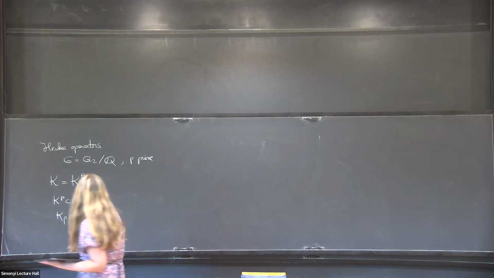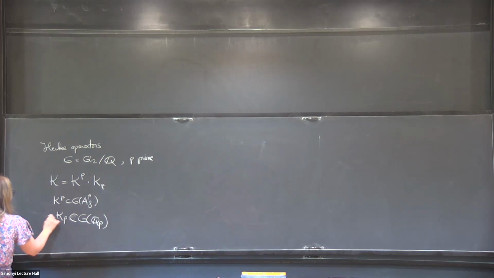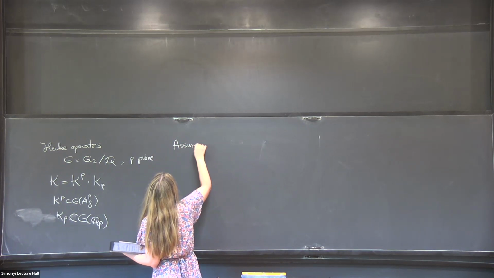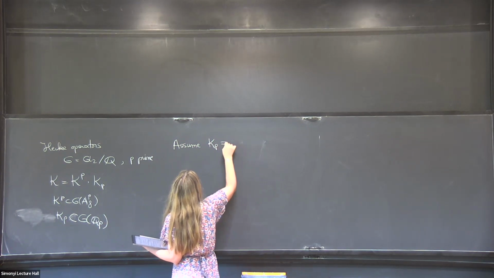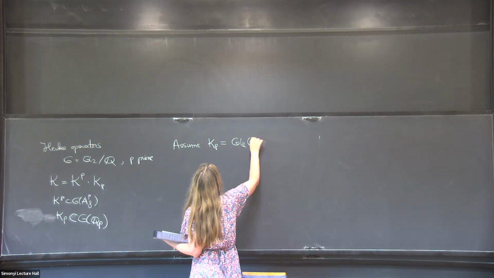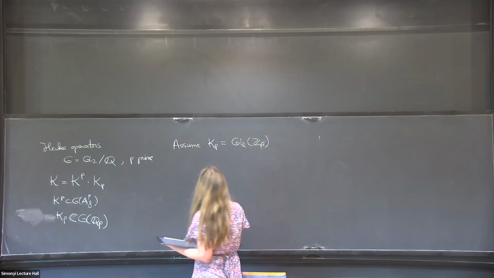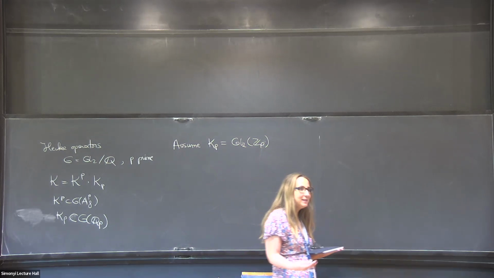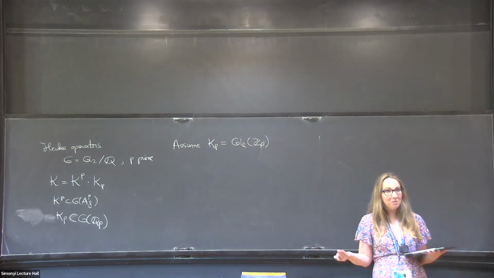And the way that I want to do it is first I'm going to assume that I'm at a level that doesn't see this prime. So assume that K_p is GL2(Z_p). If you think about modular forms from a more classical perspective, this means that the level is prime to p.